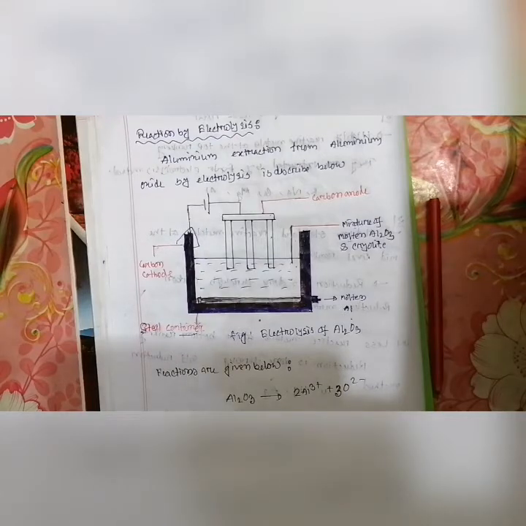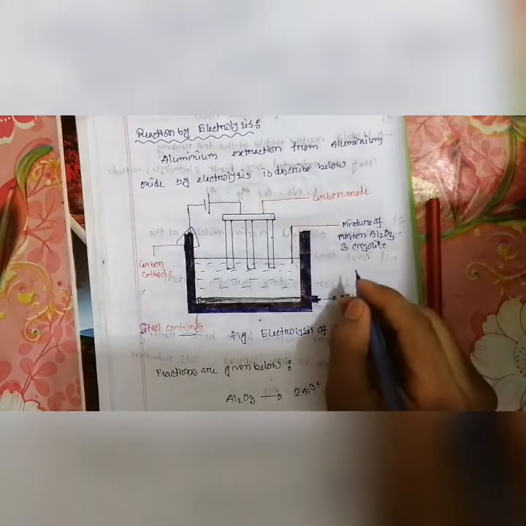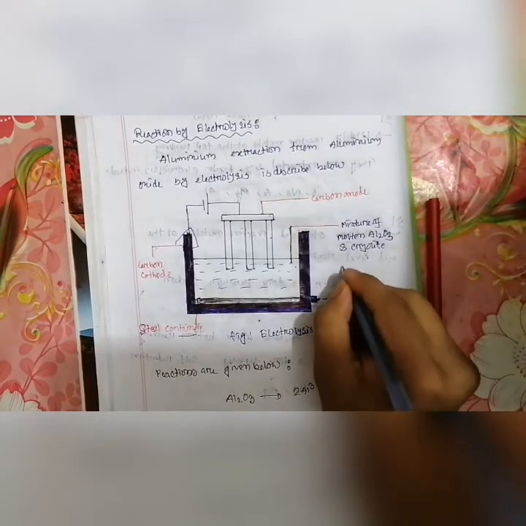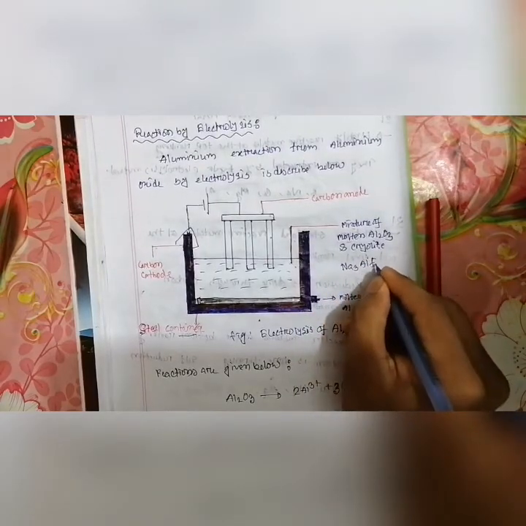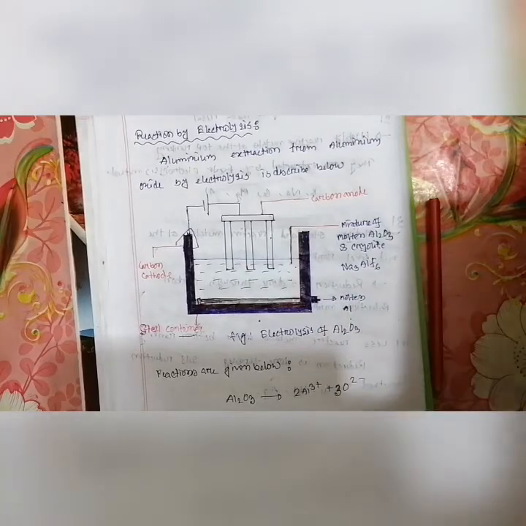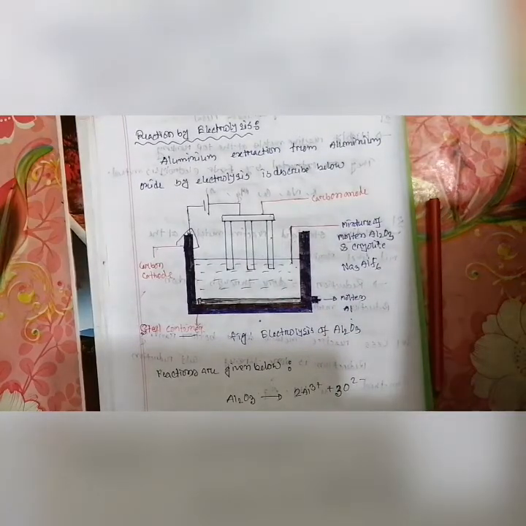If aluminum oxide is mixed with cryolite, the formula of cryolite is Na3AlF6, it melts at a temperature of 800 to 1000 degrees Celsius, and the melted aluminum oxide consists of aluminum ion and oxide ion.